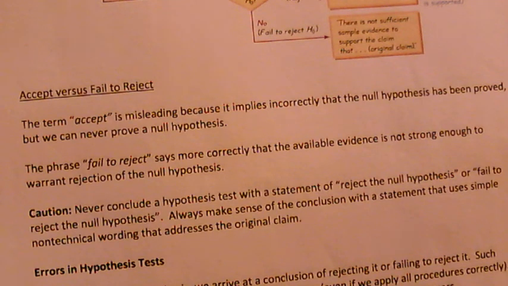Okay? So we can never accept a null hypothesis, and we can never prove a null hypothesis. Okay? So it's better to say fail to reject the null hypothesis over saying accept the null.